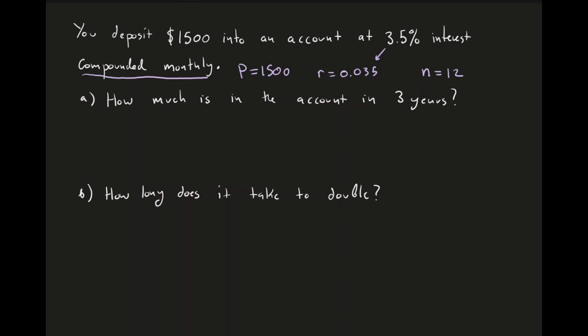So those are our base values. Then coming down to part A, how much is in the account in 3 years? t is equal to 3. So using our formula, A is equal to P times (1 plus r over n) to the nt. Plugging in all these values, we get 1,500 times (1 plus 0.035 divided by 12) to the 12 times 3 power.